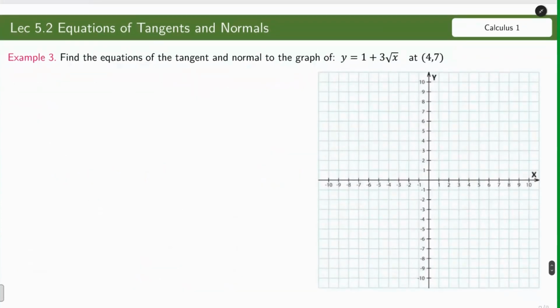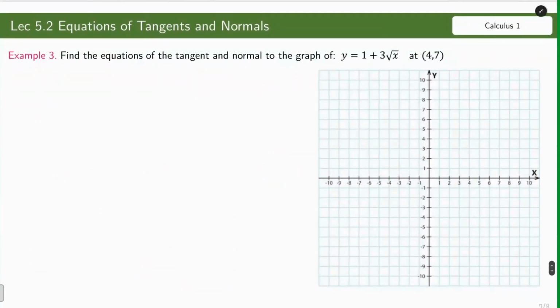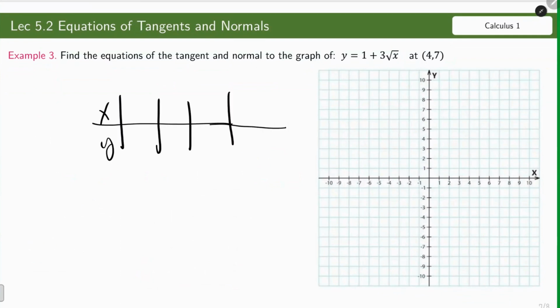Example 3, find the equations of the tangent and normal to the graph of y is equal to 1 plus 3 square root of x at 4, 7. Okay, let us get the values. Let us create a table of values for us to graph the function.